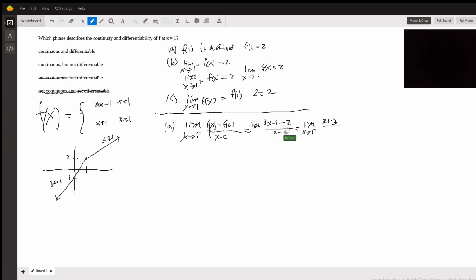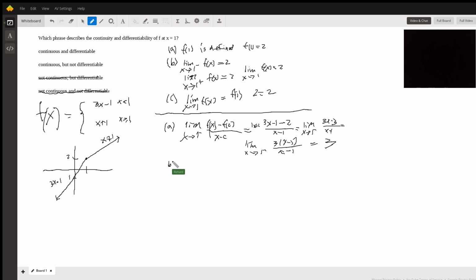Not x minus 2, c is 1 here, so over x minus 1. So this is the limit as x approaches 1 from the left of 3 times x minus 1 over x minus 1. The x minus 1's cancel, and you're going to get 3.